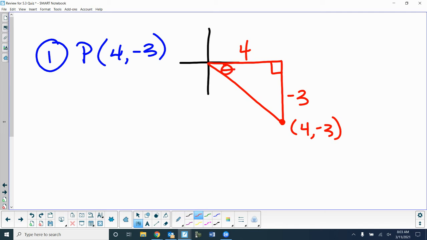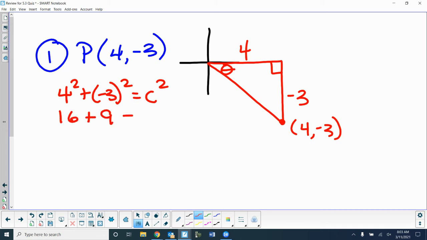How do I find the hypotenuse? Pythagorean, right? 4 squared plus -3 squared equals the hypotenuse squared, or c squared. So 16 plus 9, 25. So what does c equal? 5.